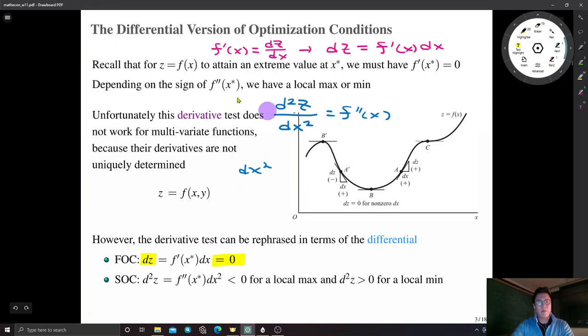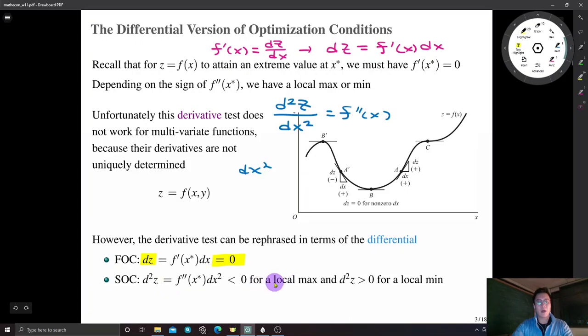But the derivative test requires that at a local max the second derivative be negative, and at a local min positive. So the sign of the second order differential, d squared z, will be governed by the sign of the second derivative, right? When the second derivative is negative, this is also negative. When it is positive, this will be positive.